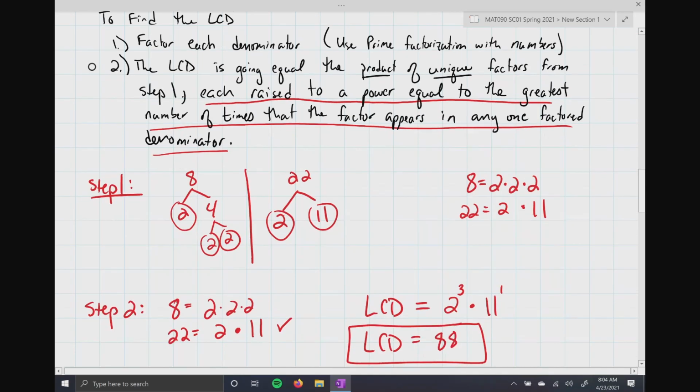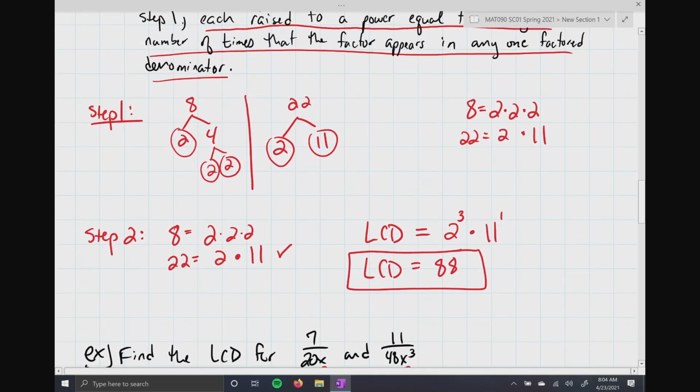So the easy one that we looked at was, let me write the fractions here again, 1/8 and 3 over 22. The numerators don't mean anything. It's all about the denominator. So step 1, we completely factored. The 8 equals 2 times 2 times 2. 22 equals 2 times 11.